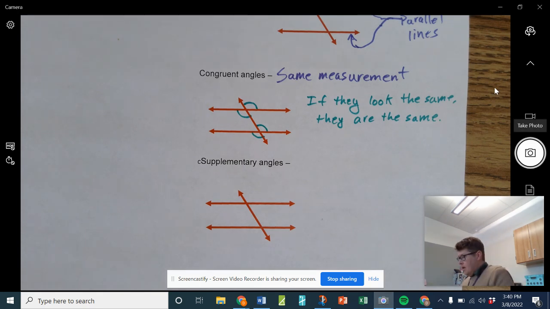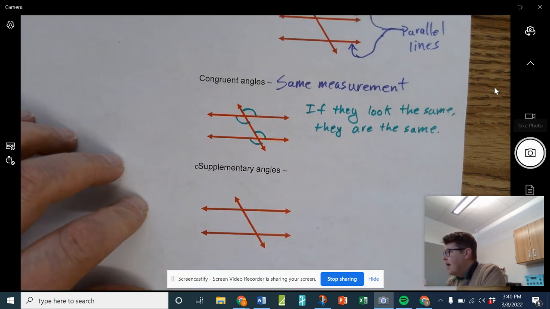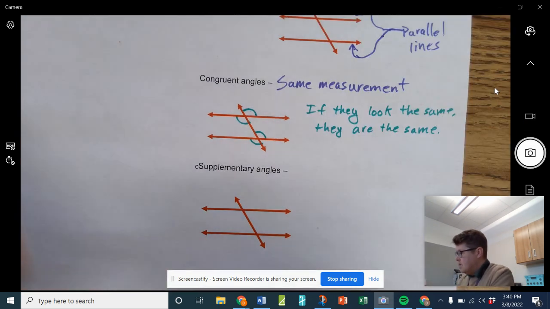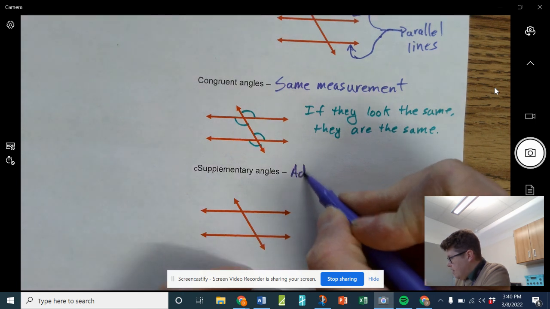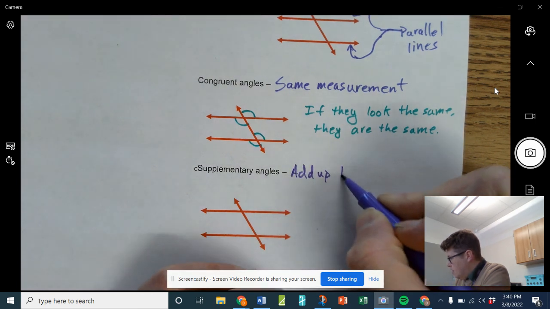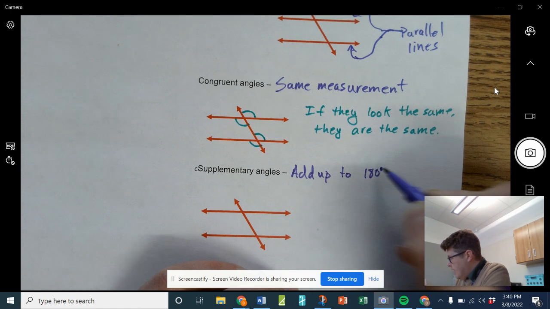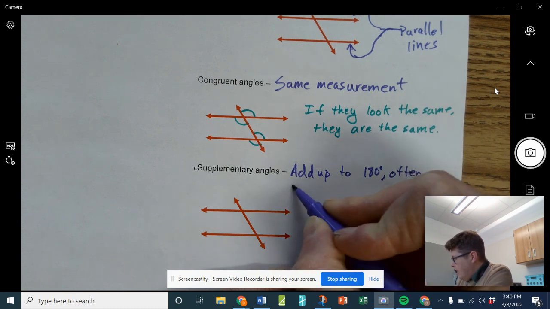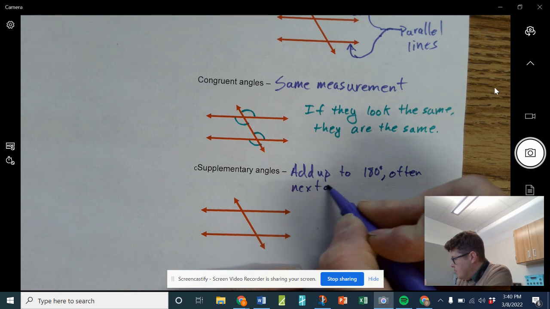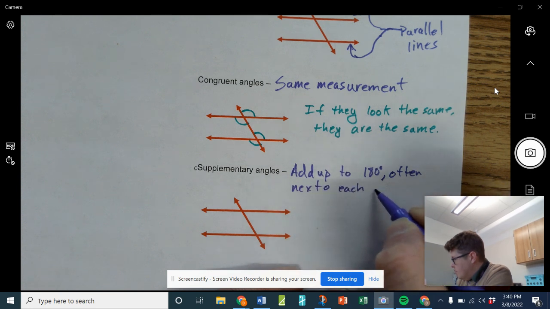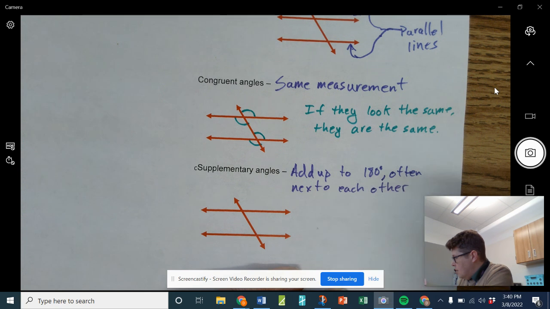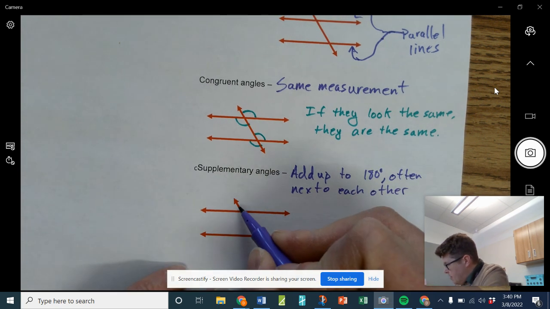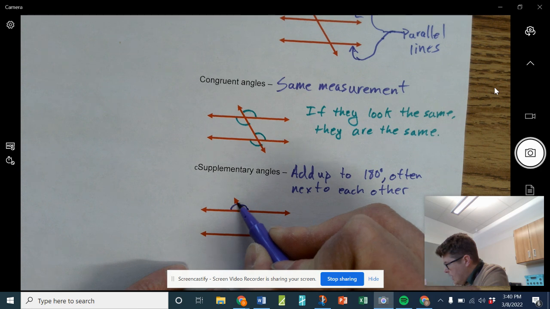Okay, so then we have our supplementary angles here. Now, supplementary angles are not the same measurement. These add up to 180. Supplementary angles are often next to each other, like here and here.